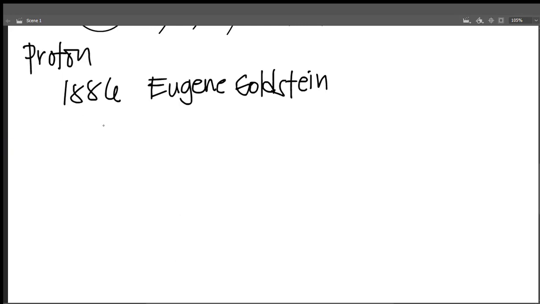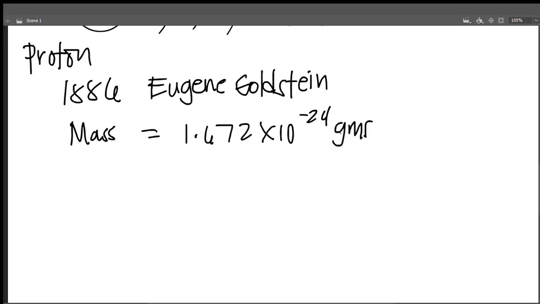Okay, so of course he made a discovery about its mass. The proton has mass too. So the mass of proton is equal to 1.672 times 10 raised to negative 24 grams, and it's equivalent to 1 AMU, atomic mass unit.